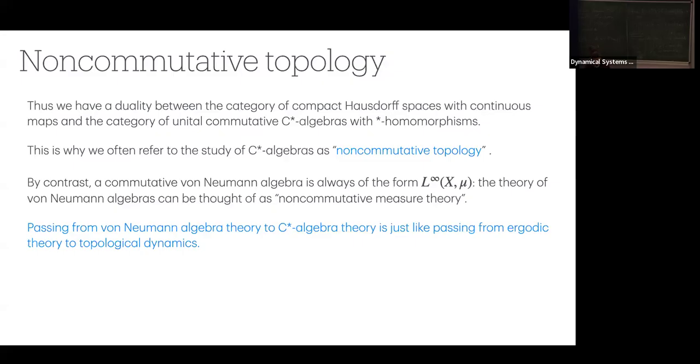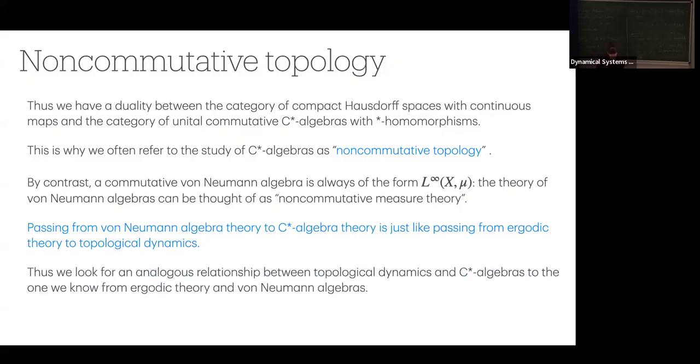And just like when you're moving from ergodic theory to topological dynamics, you take a lot of ideas from the ergodic theory where things work better and then you need to tweak them a bit for the topological setting. This very often happens in C-star algebra theory because the von Neumann stuff is older and tends to be more well-developed.